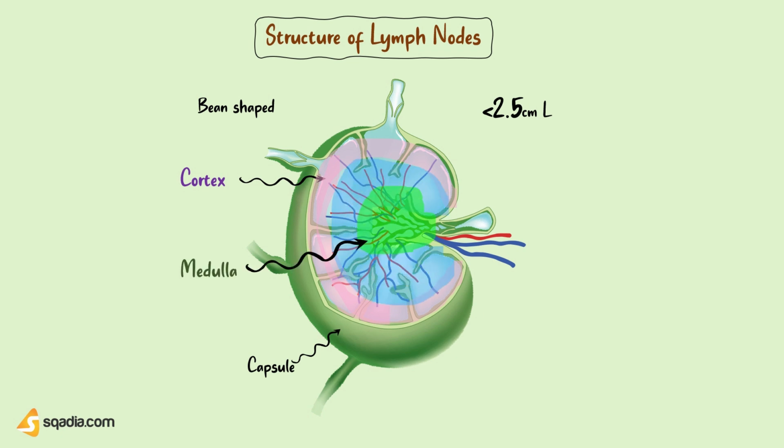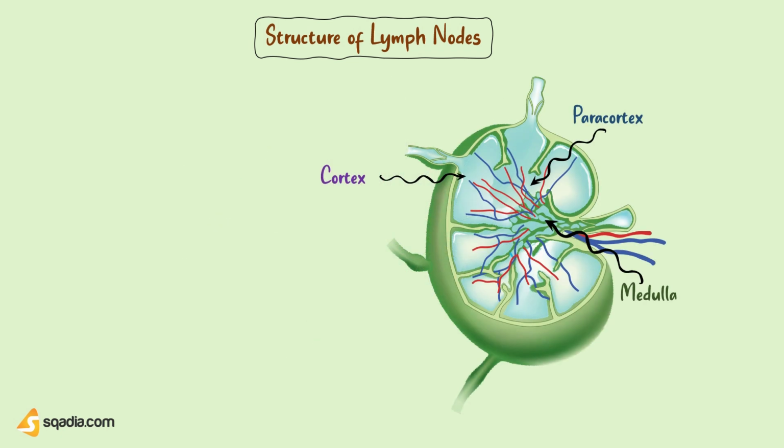The cortex of the lymph node consists of primary and secondary lymphoid follicles, that are the small masses of lymphatic tissues. The primary follicle develops first, so it is called primary. When some antigens enter the body and reach the lymph nodes, the cells of the primary follicle proliferate.